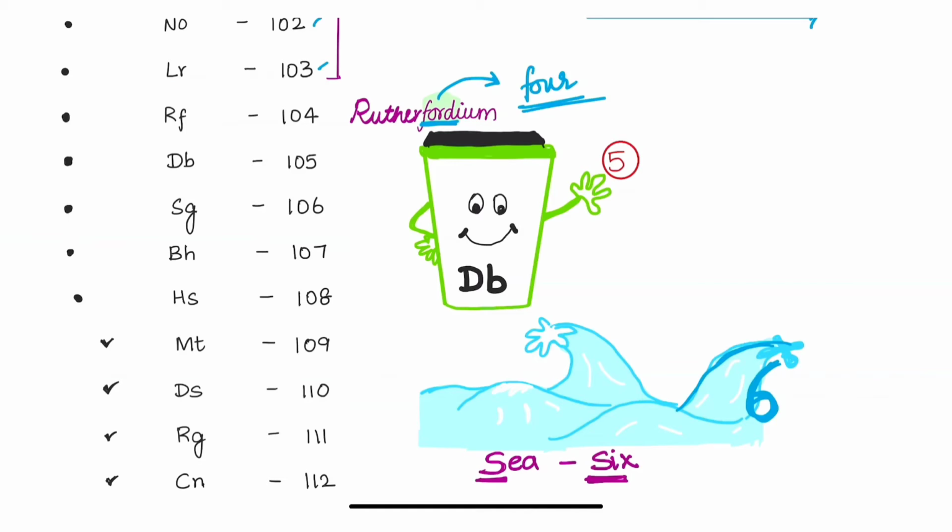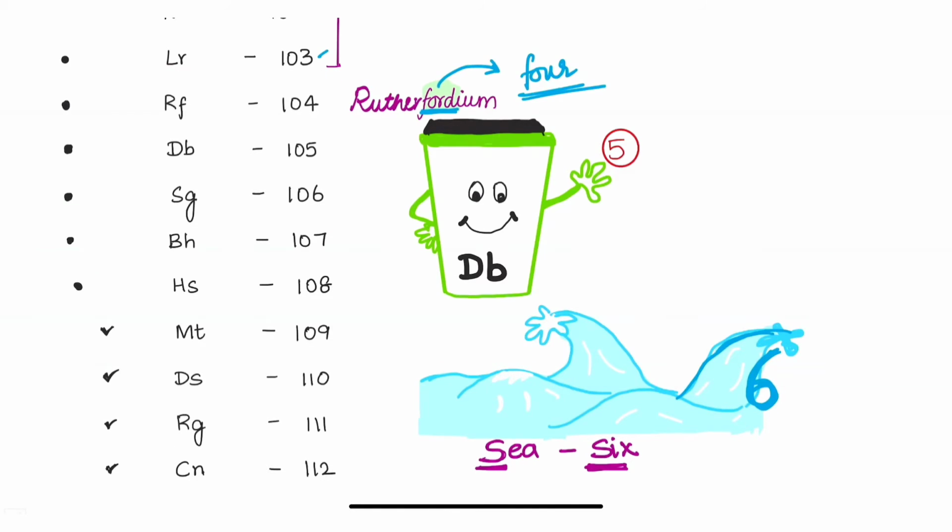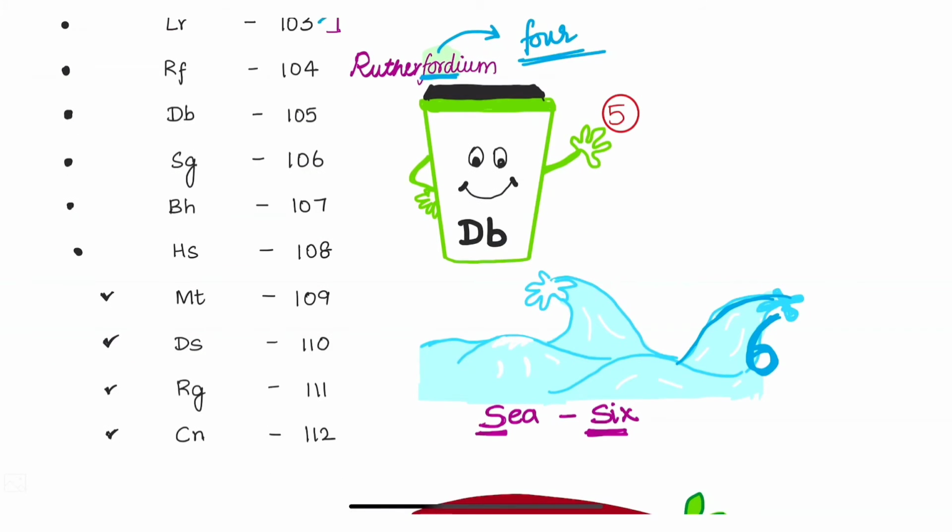The mnemonic was dustbin for Dubnium, right? So here we have a cartoon picture of a dustbin showing you the palm with 5 fingers. So remember that for Dubnium it is 105. Just remember this picture and everything will be solved.